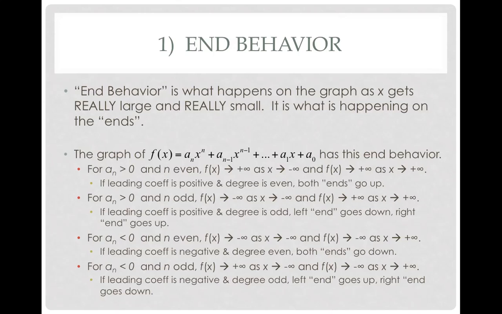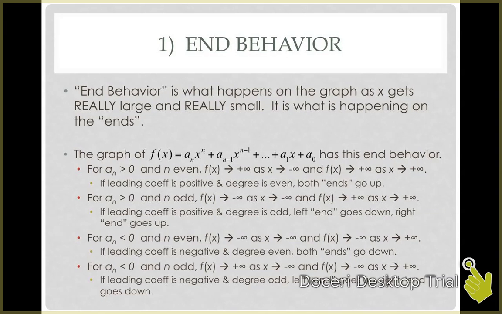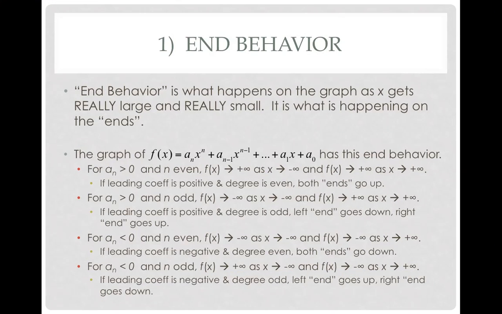So now it's the left side that's going to go up and the right side that's going to go down, because the negative leading coefficient flips things around. So again, just think about what happens with the simple polynomials, and that will give you a clue as to what's going to happen with the end behavior of the more complicated polynomials.